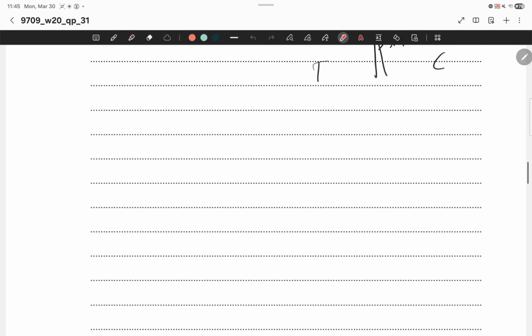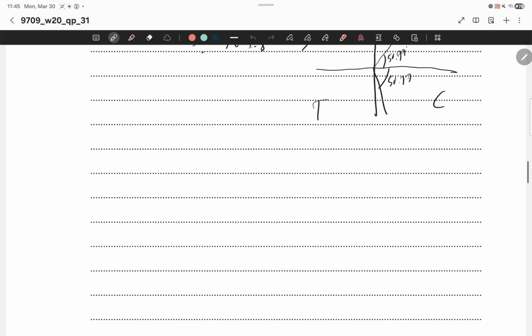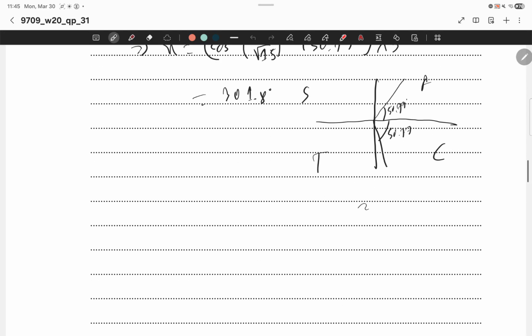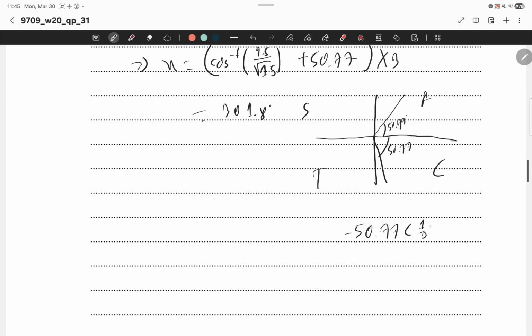So we are supposed to get another range, which will be, not x actually, I believe 1/3 x minus 50.77, negative 50.77 to 69.23. This will be another range.